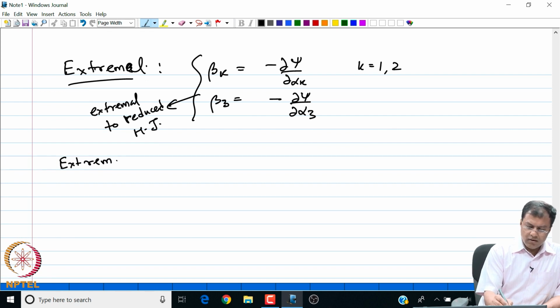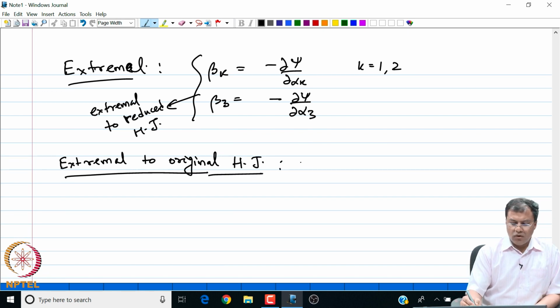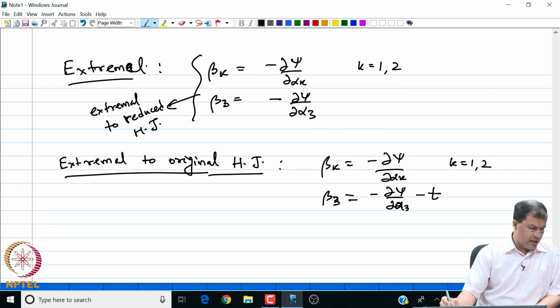what is the relation between the original and the reduced? We had the dependence of t. So here the solution to the original Hamilton-Jacobi will involve beta k equal to minus del psi by del alpha k, k from 1 to 2, but now beta 3 is equal to minus del psi by del alpha 3 minus t.